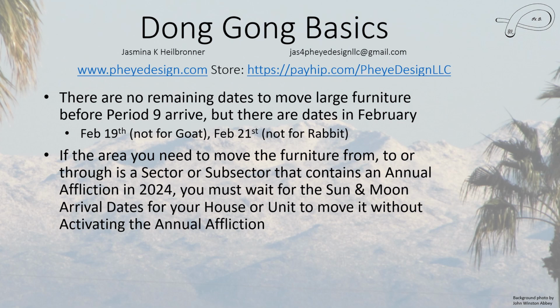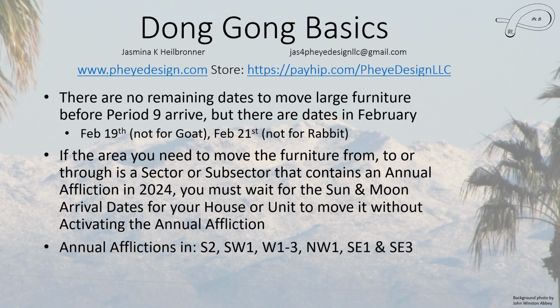So this is an important thing. And again, I'll have monthly videos on which houses and which directions. So we're talking about a facing direction of a house or a unit. That will tell you what date windows you have. And every facing direction has 4 of these dates throughout the year. So you will have a date to be able to do this.